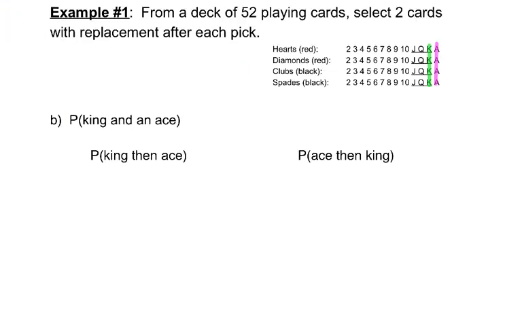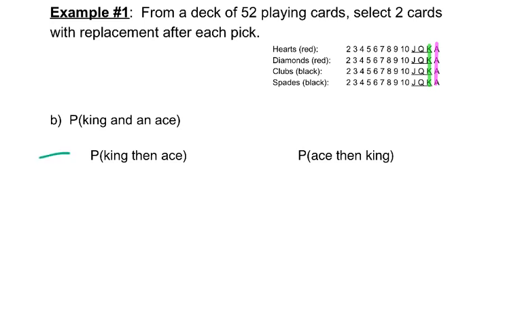So to start this question, we need to identify the probabilities of a king followed by an ace with replacement, and then we need to find the probabilities of an ace followed by a king. So in the standard deck, you can see that there are 4 kings out of a total of 52 cards.